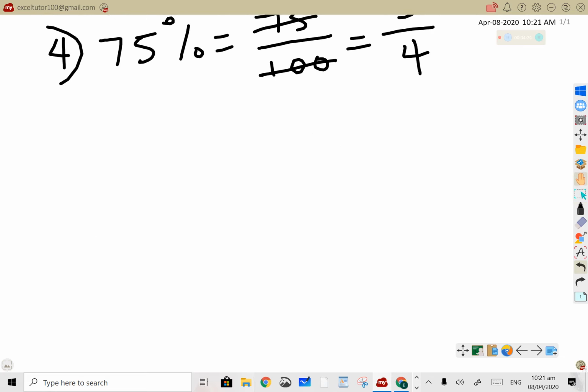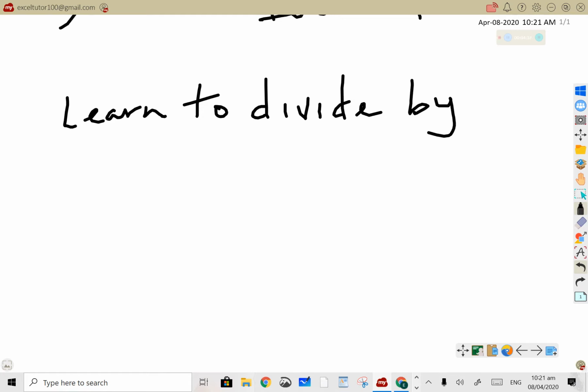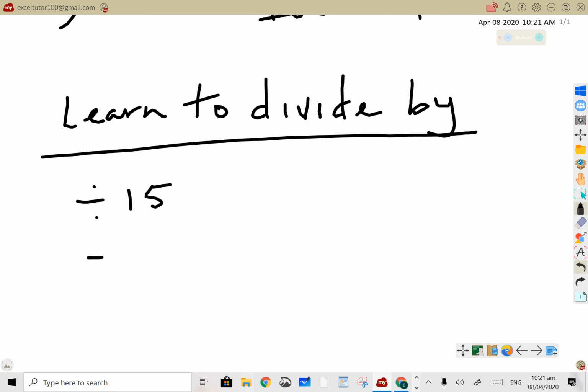Okay, so you should learn to divide by certain numbers, right? So you should learn to divide by 15, learn to divide by 20, learn to divide by 25. So those are some numbers other than your usual timetable that you should probably learn to divide by actually writing out the timetable or practicing.